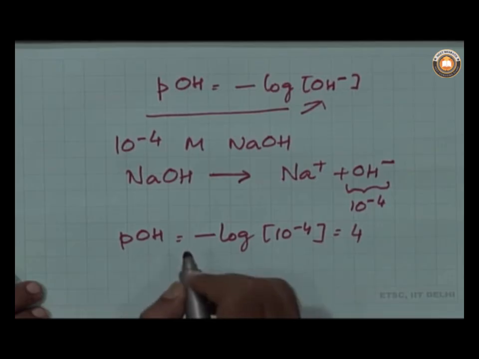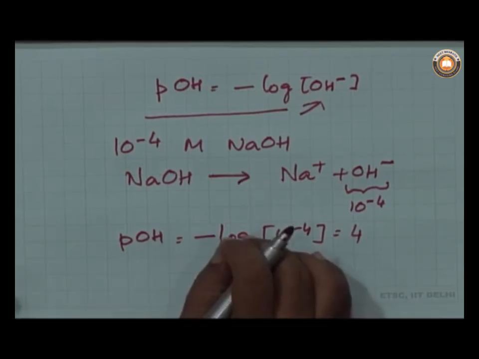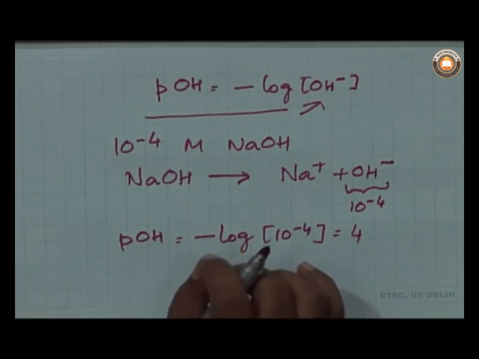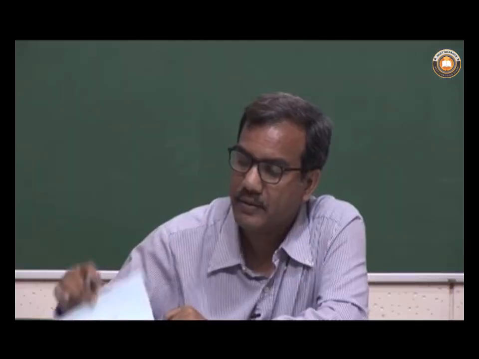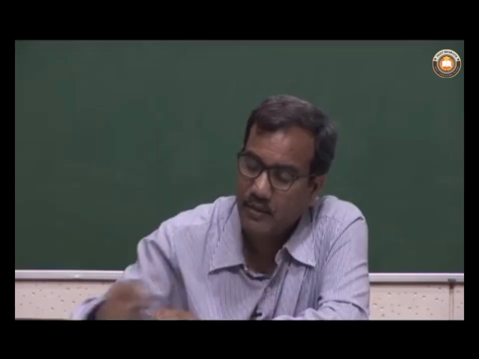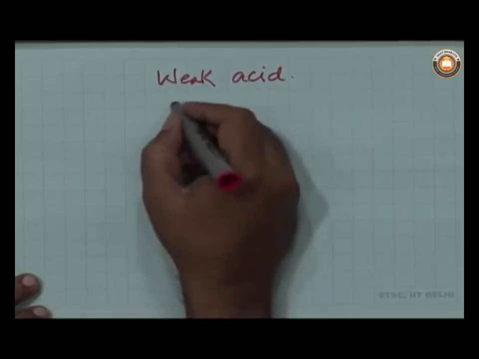So, pH or pOH of a strong electrolyte, a strong acid or a strong base, can be easily calculated. But what about weak acid? Weak acid, for example, acetic acid.